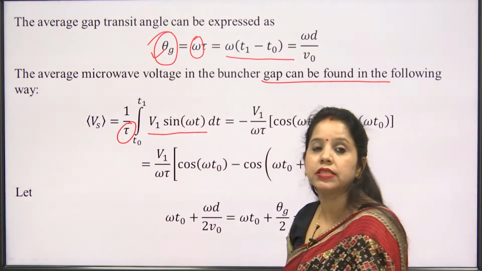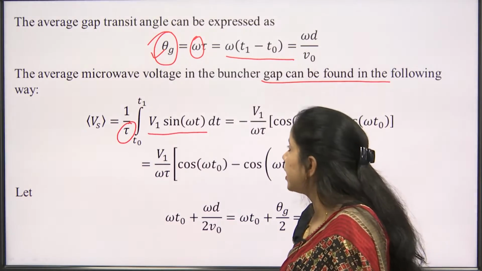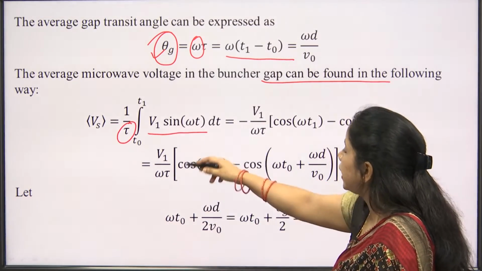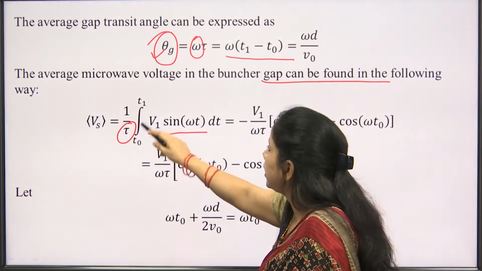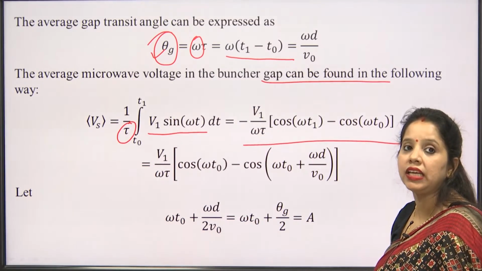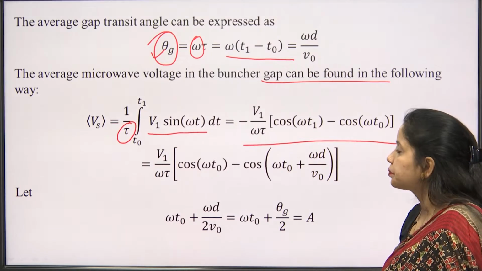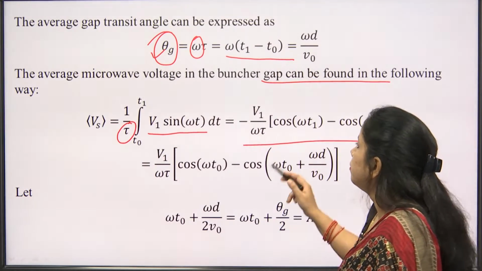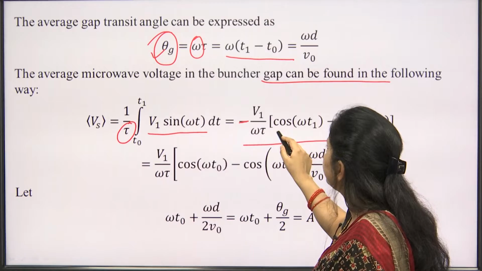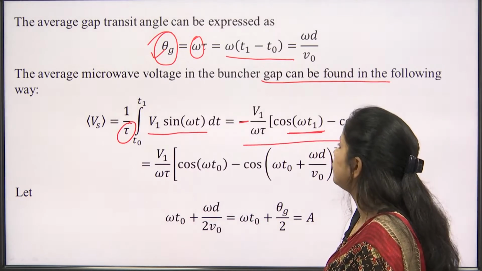The signal amplitude is V1 sin omega t. Now when we integrate it with the limits T0 and T1, we are able to get this, because the integral of sin omega t gives minus cos omega t, that is why the minus comes here, and when we put in the limits, we will have this one.